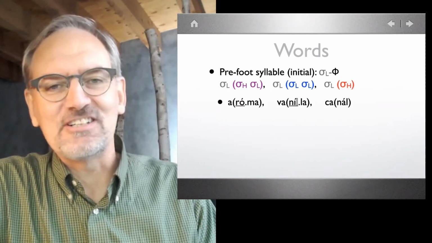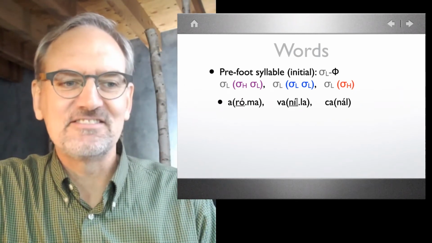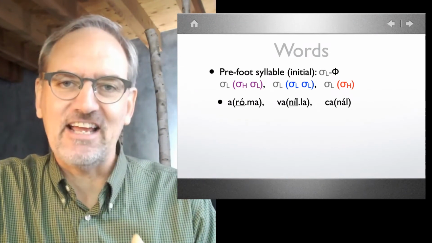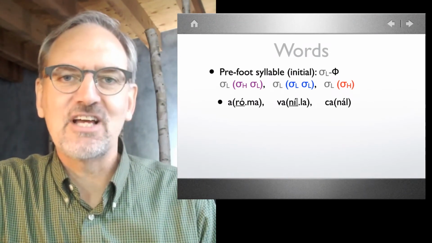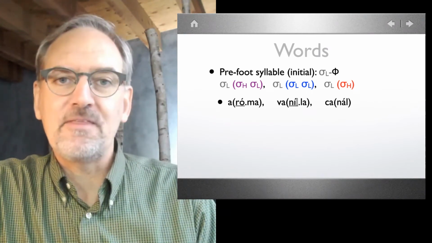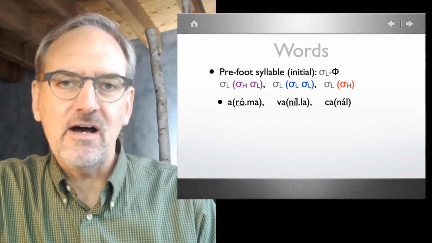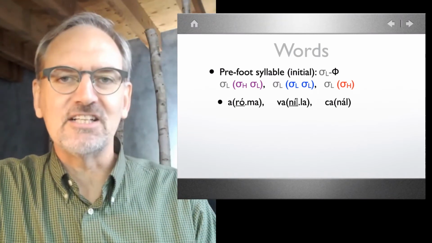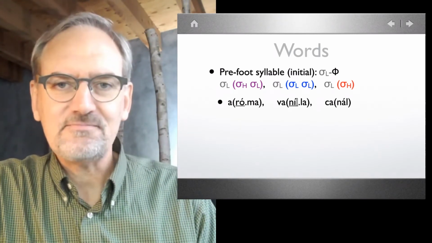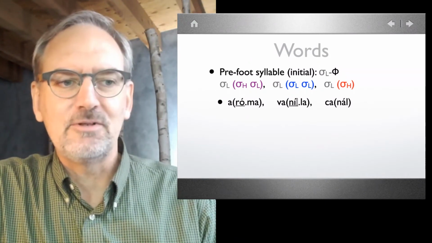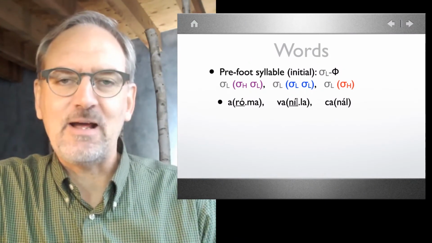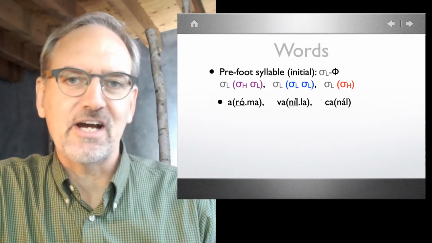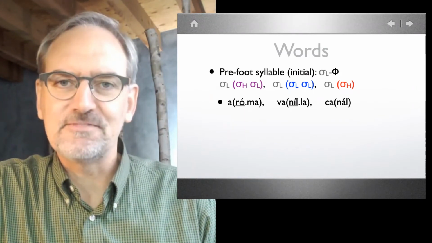Right? So we have words like aroma. Right? Ro is a tense vowel that's lengthened in a branching nucleus, roma. The vowel in ma becomes reduced to schwa because it's unstressed, roma. The pre-foot syllable, the letter A in spelling, is also pronounced as a schwa because of vowel reduction, aroma.